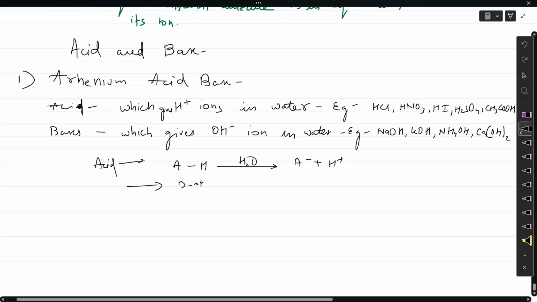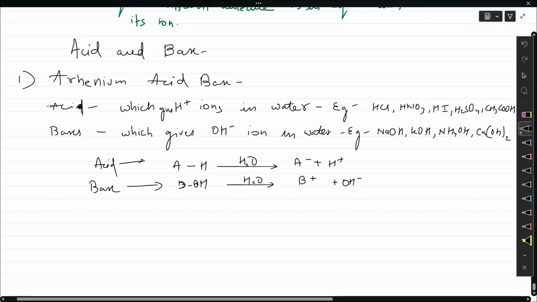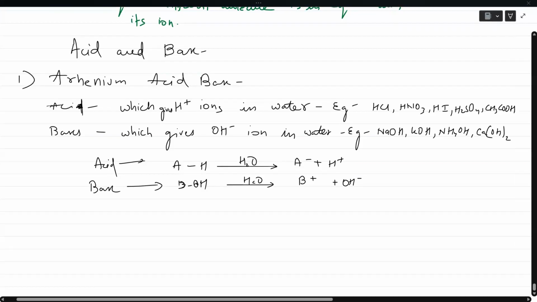When we put this in water, it will give B plus and OH minus. That is why this is a base according to Arrhenius. Yes or no? Yes, sir.